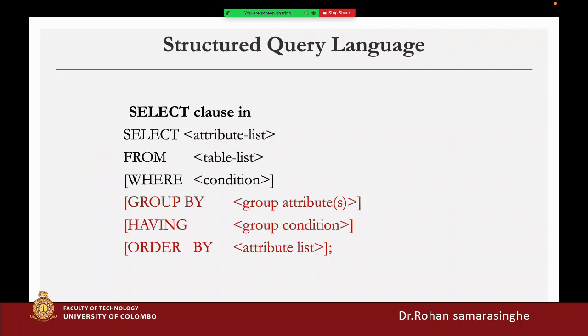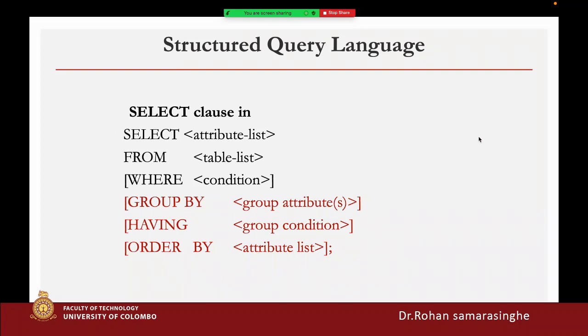So here we have discussed this one: the select clause, select attribute list from table list via the condition. In addition to that, you can use group by, having and order by. Earlier we discussed these three: select, from, where.